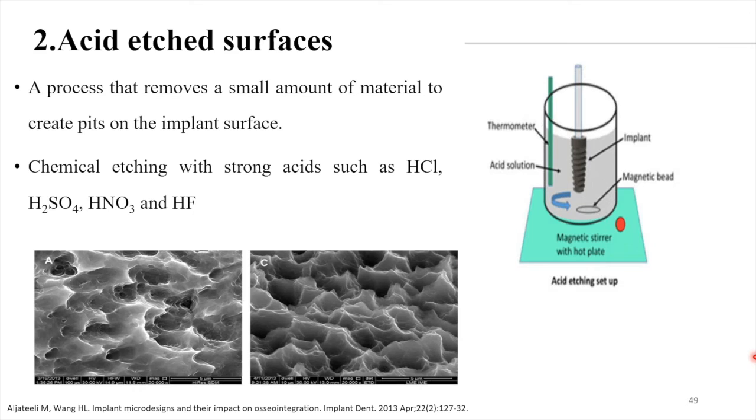Acid etching creates micropits which are from 0.5 to 2 micrometer in diameter. And Coleret et al. compared the etched HCl and H2SO4 and found a resistance to torque removal to be 4 times greater for the acid etch implant as compared to the machined implants.